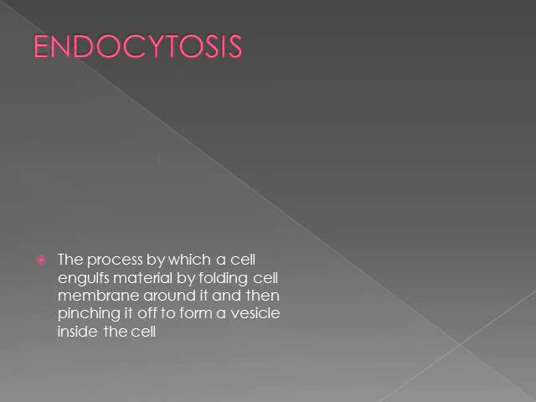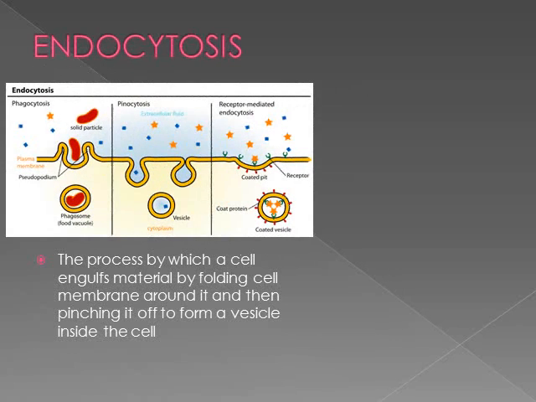So endocytosis is a neat little thing that our cell membranes can do. We sometimes see this in video of single-celled critters like amoeba, where they're able to surround a food particle that's out in the environment with their own cell membrane, extending pieces so they look like little arms.